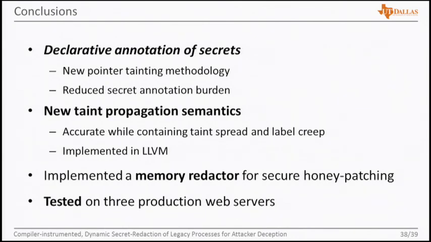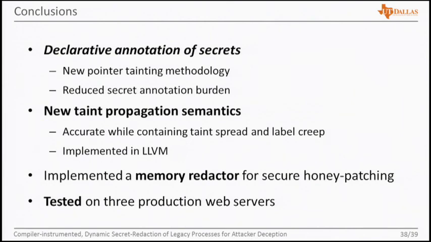And to conclude my talk, we've proposed and implemented a methodology through which developers can declaratively annotate secrets in legacy source code that leverages this new pointer tainting methodology. And to support this declarative annotation scheme, we've implemented these new pointer conditional combined semantics that accurately track the flow of secrets as a program executes while containing the taint spread and label creep.